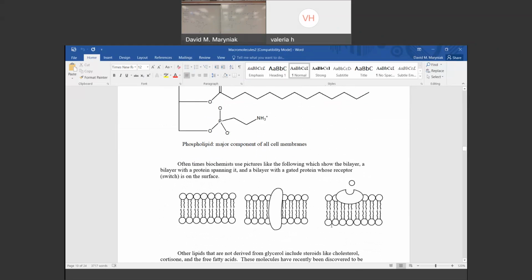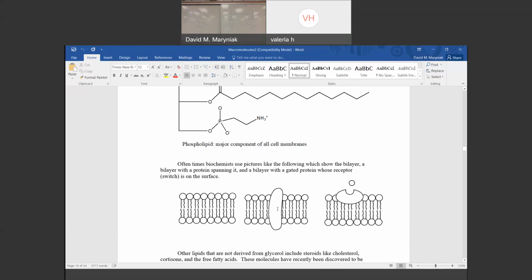And then we're on to cartoon characters, which will make more sense after the next section. But if this is a polar head group, and this is a tail, and this is a tail and a polar head group, this right now represents a lipid bilayer that's going to be surrounding a cell.